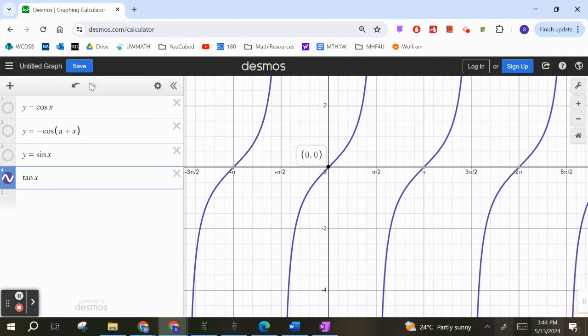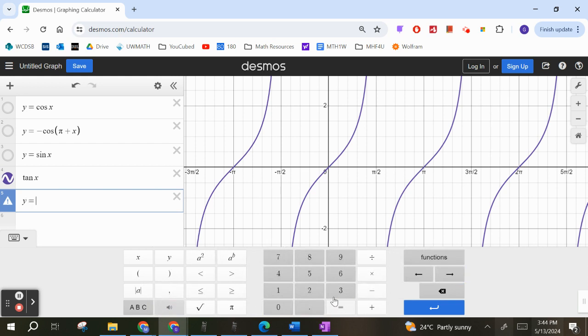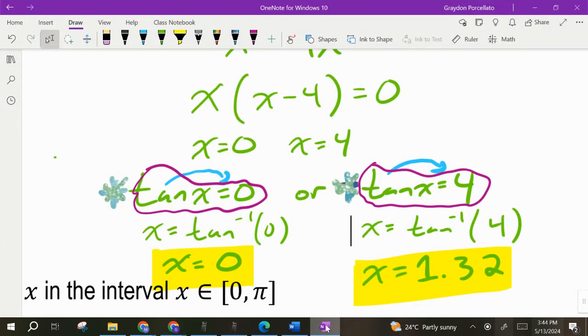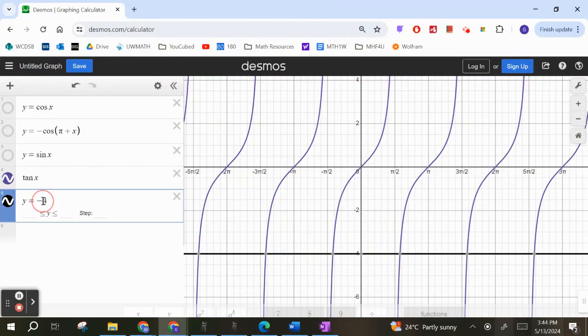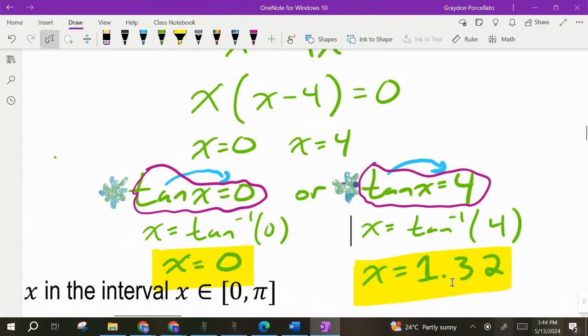And where is tan x equal to 4? Let's put the line y equals 4 in there. Where is tan x equal to 4? Well, it's 4 there, which is one of the solutions we found, 1.32.